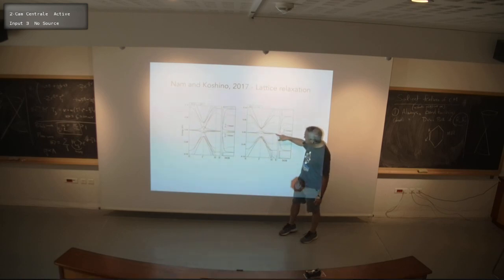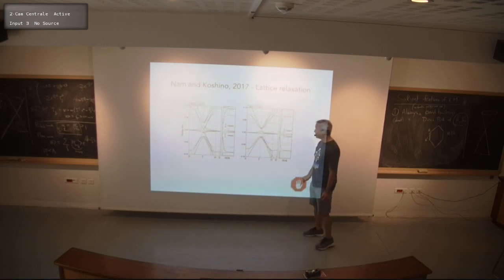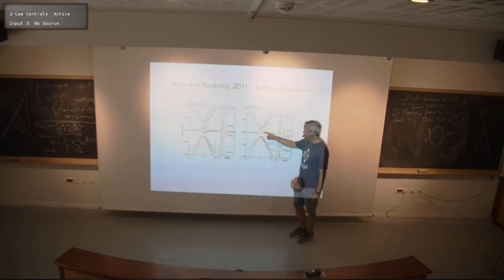Okay, so you can see the bands, conduction and valence bands, touch here. This is around one valley, at K and K prime, in the red curves. But they come up and actually touch the next higher bands, here and here. So in these calculations, without this lattice relaxation, there's no gap to the next band. You actually have touchings to the next band.